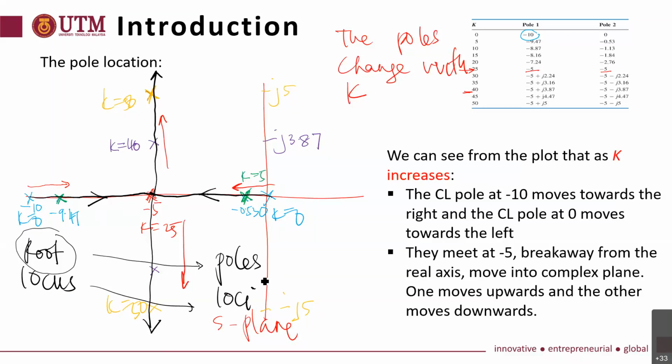So root locus shows the movement of the pole when we change the value of K. We will continue with this in the next class with the definition of root locus, for you to have a clearer understanding of root locus.